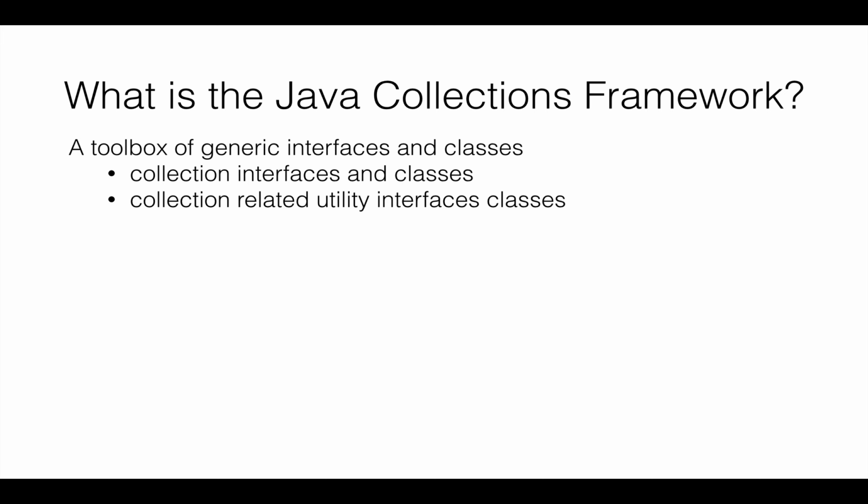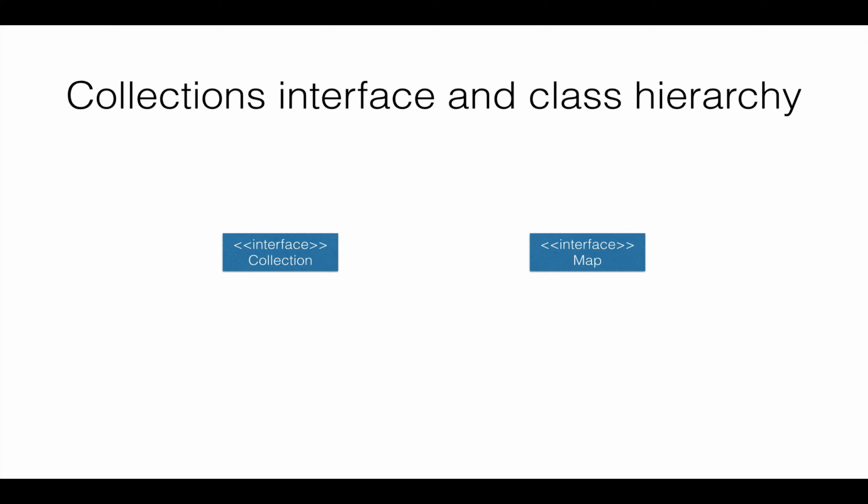I'm going to describe both parts in detail now. On the next slides, you will see the interface and class hierarchy for collections. Unlike arrays, all collections can dynamically grow or shrink in size.